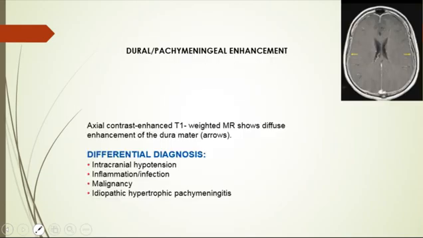Okay, so you can see diffuse enhancement of the dura mater. The whole dura is enhancing. The dura mater includes the periosteum of the inner table of the skull and its meningeal reflection, like the falx cerebri, tentorium cerebelli, cavernous sinuses. Normally, the dura enhances mildly and discontinuously. The normal enhancement is part enhanced, then part enhanced, then not.